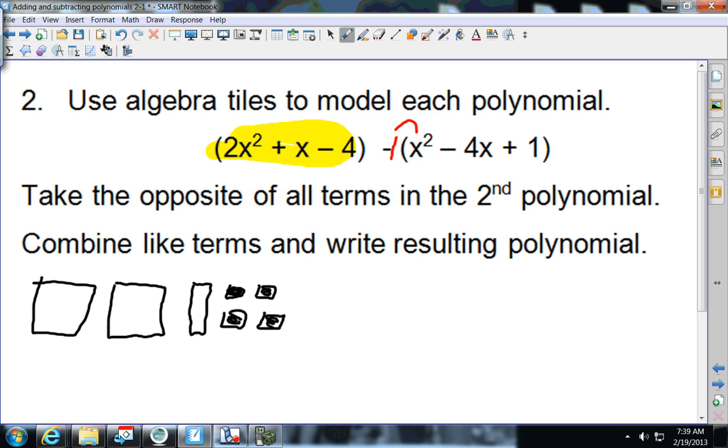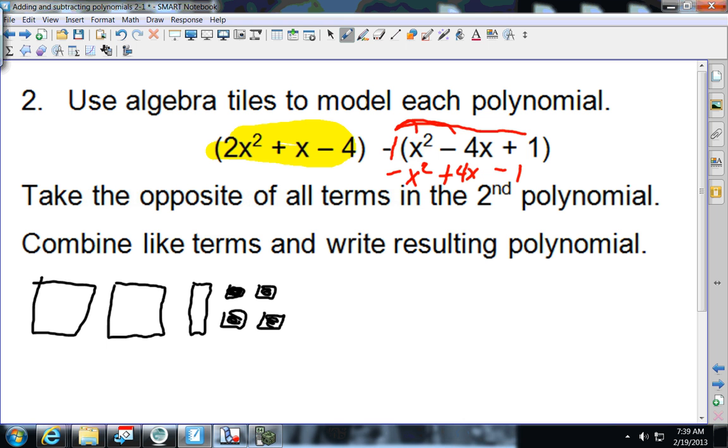If I distributed and I multiplied by -1 by everything, that's why we're doing it. We're changing the sign. Because -1 times a positive x squared is a negative x squared. -1 times -4x is positive 4x. -1 times positive 1 is -1.